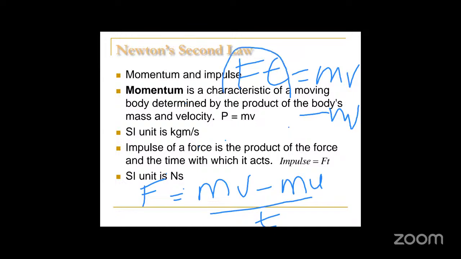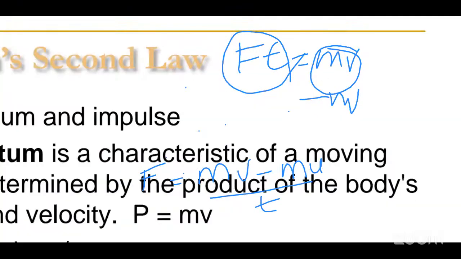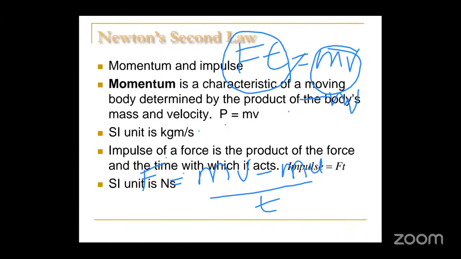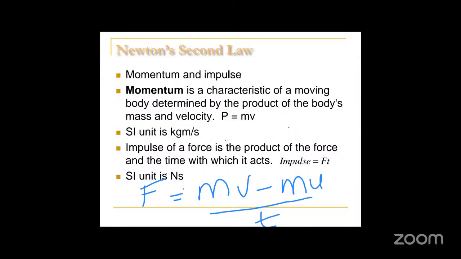So Ft is called impulse, while mv is called momentum. Momentum is the product of a body's mass and its velocity, while impulse is the product of the force and the time with which the force acts on a body.